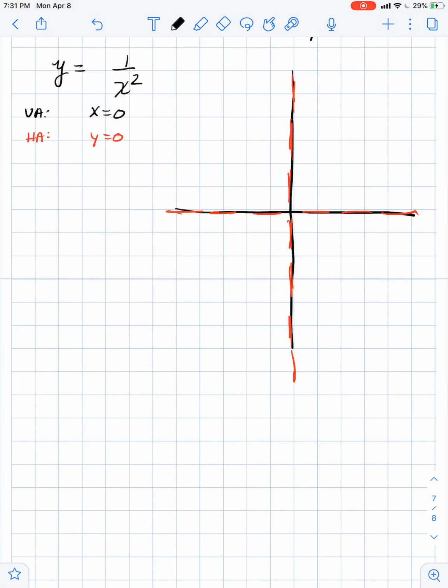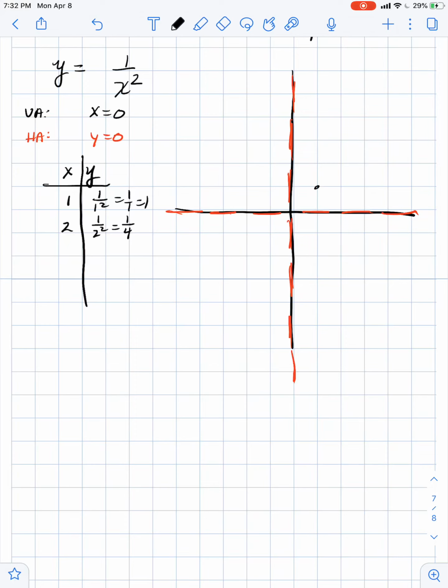So let's see what does change. We're going to put in some points and maybe predict what do you think is going to change, because it's an x squared. So let's put in a 1. 1 over 1 squared would just be 1 over 1, which is just 1. So I'm still at my 1, 1. I'm going to put a 2 in. 1 over 2 squared, which would be 1 over 4.